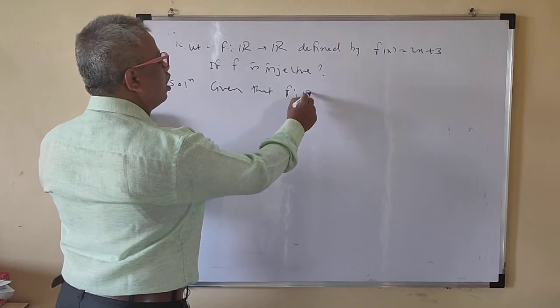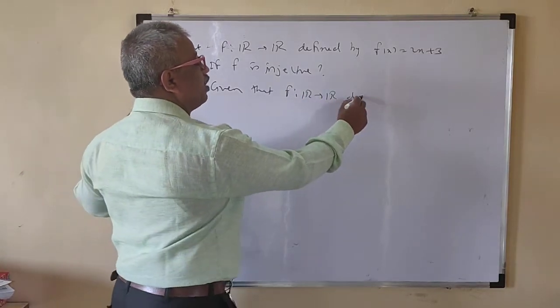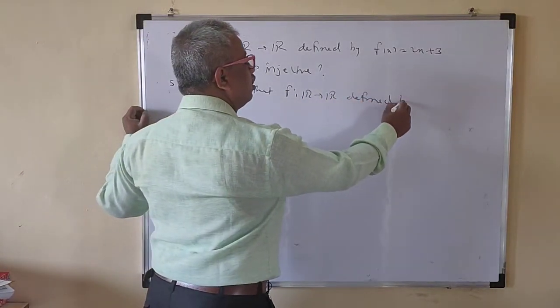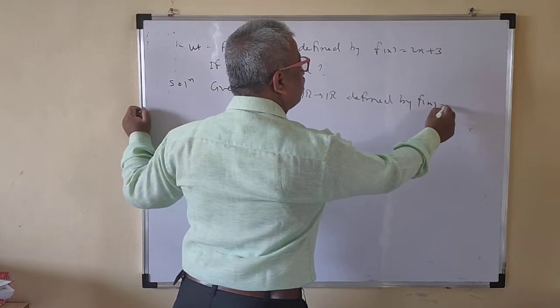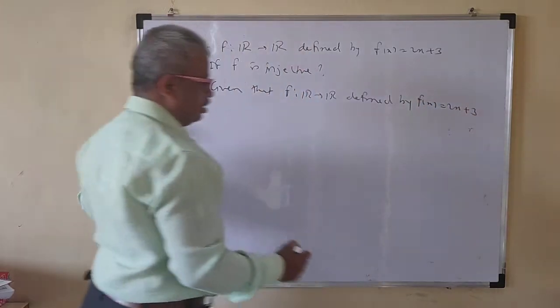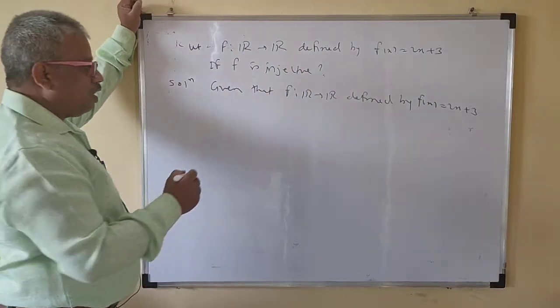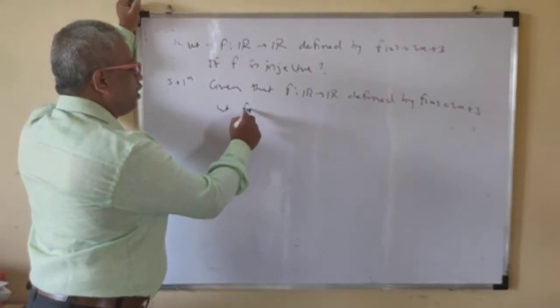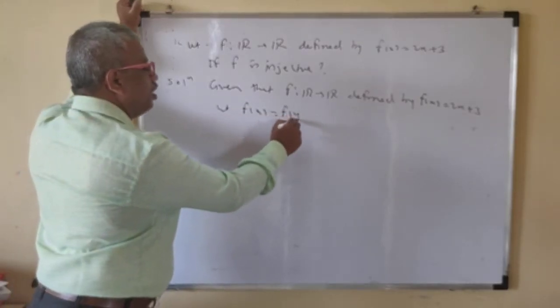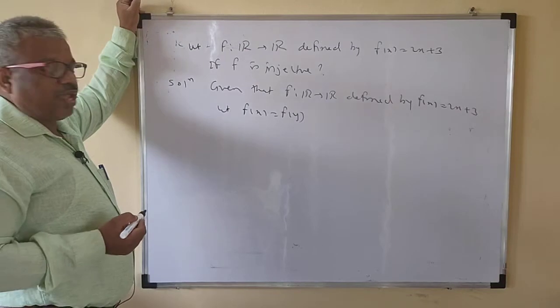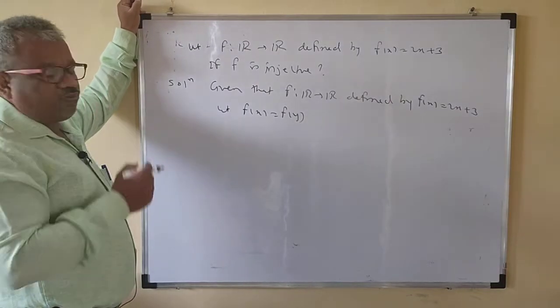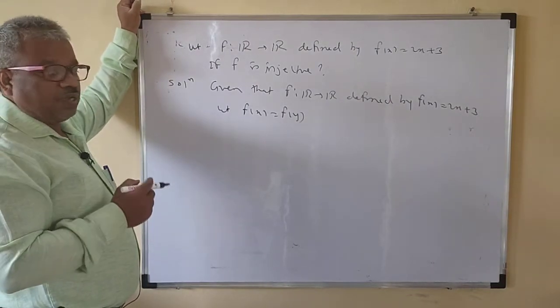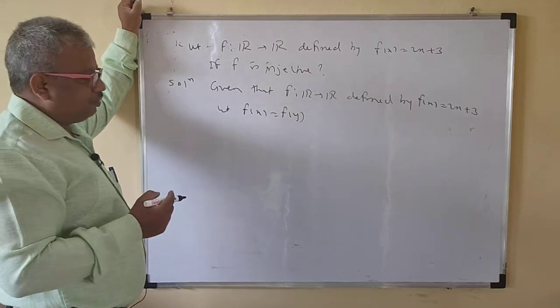f from R to R defined by f of x is equal to twice x plus 3. So let f of x is equal to f of y. If you are able to prove x is equal to y, then your function is 1 to 1 function or injective function. Okay.